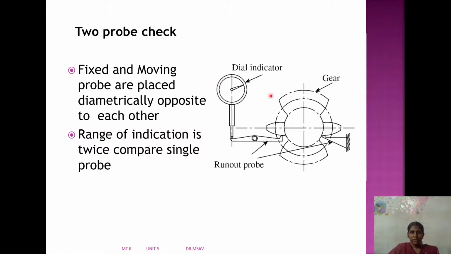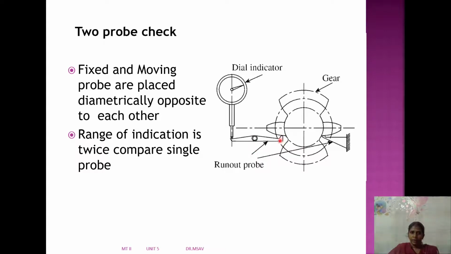Next one is the two probe check. So we have two probes. One probe is fixed, another probe is moving. These two probes are placed diametrically opposite to each other. The range of indication is more accurate when compared to the one probe check. Normally we have two probes so that the reading is also accurate.